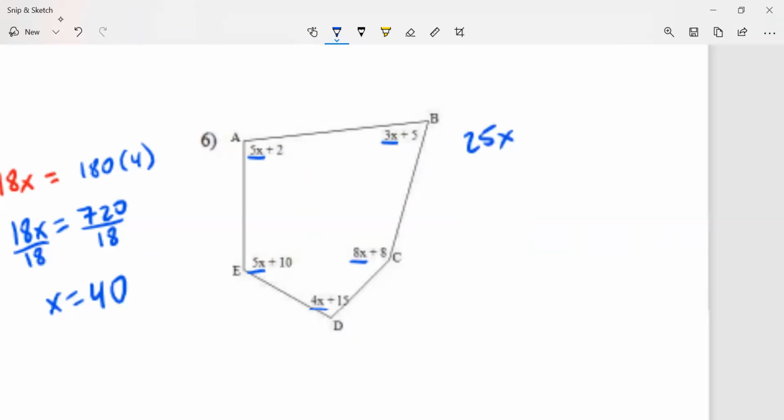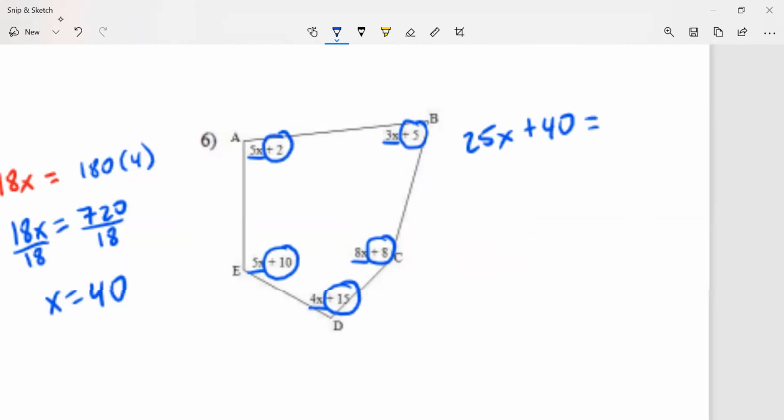Now, in terms that don't have an x, I see positive 2 plus 5 plus 10 plus 8 plus 15. Now, this case is not 0 like in the previous one. This case actually happens to be plus 40.